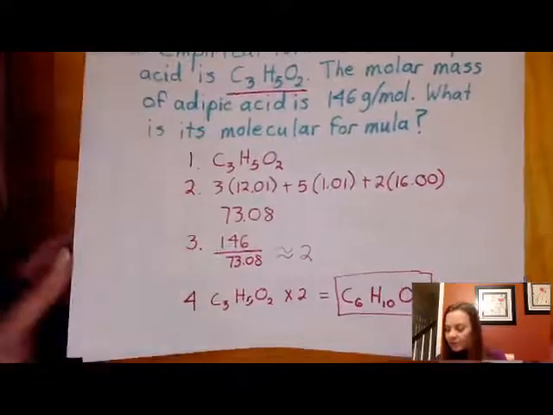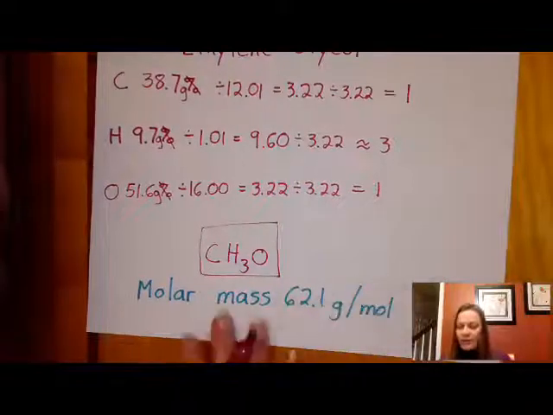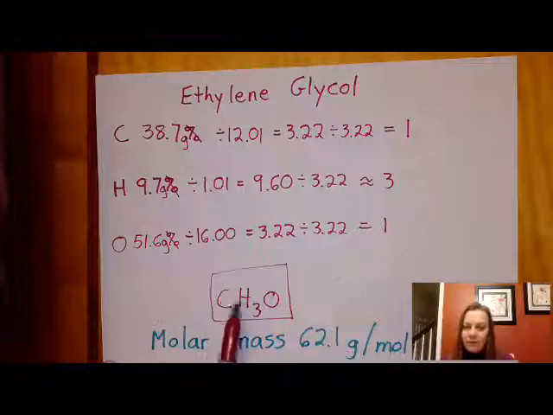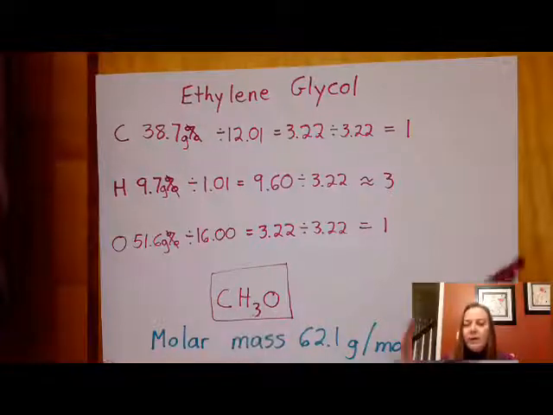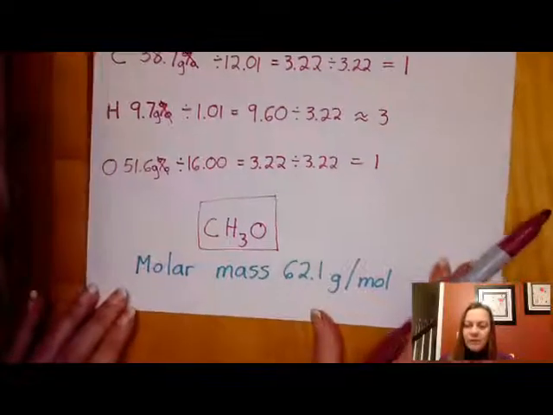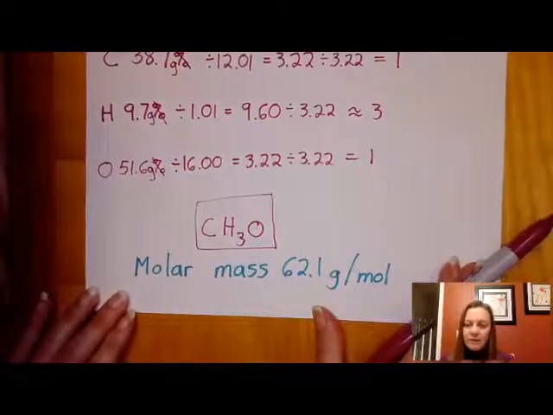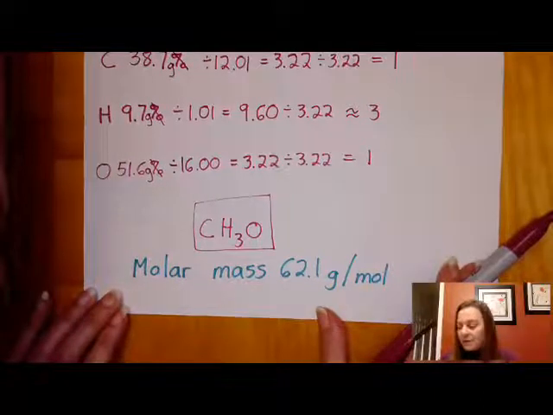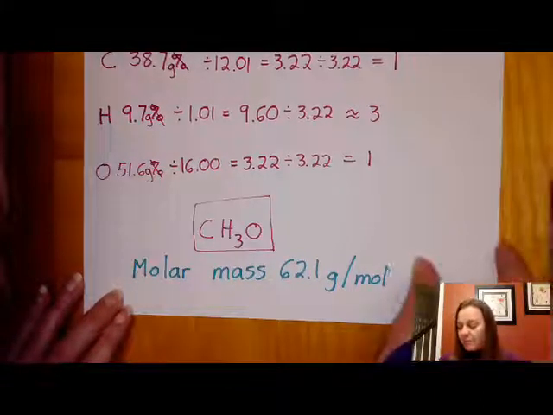Okay, let's look at one more quick example. So yesterday in our empirical formulas, we found the empirical formula of ethylene glycol. It's CH3O. And now you're being given one more piece of information. Its molar mass is 62.1 grams per mole. So we're going to repeat those same steps.